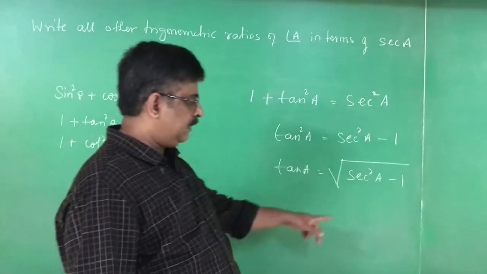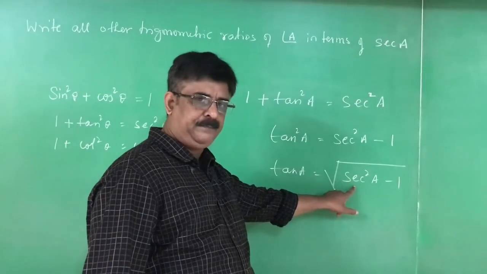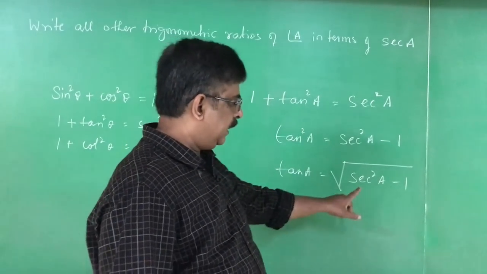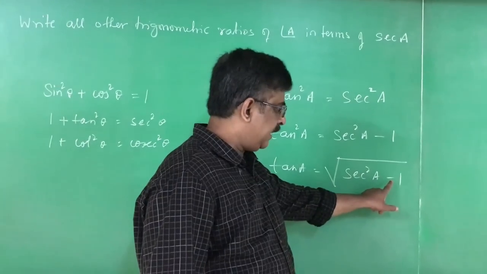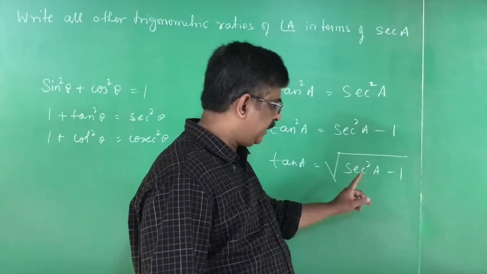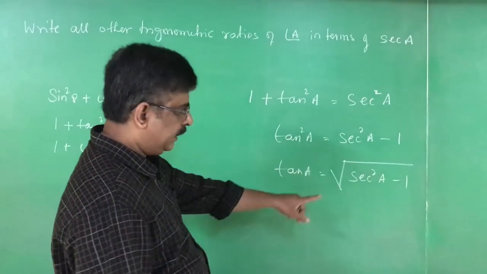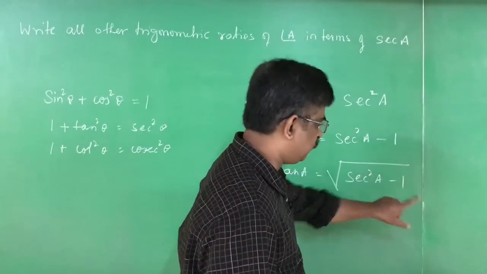If you are intelligent enough, you can find one more step here. Secant square A minus 1. See, always in a square number, if there is a minus, it is always related to A plus B into A minus B, A square minus B square. It is in the form of A square minus B square.